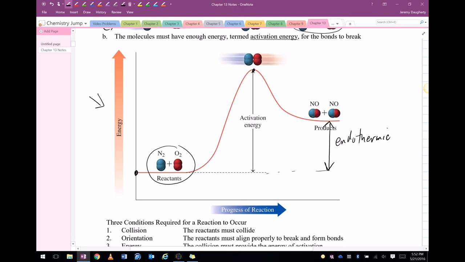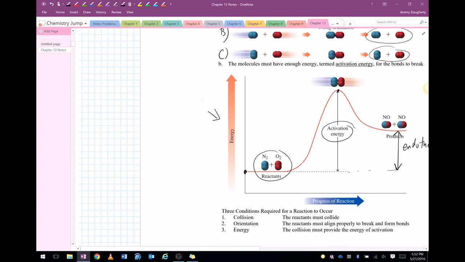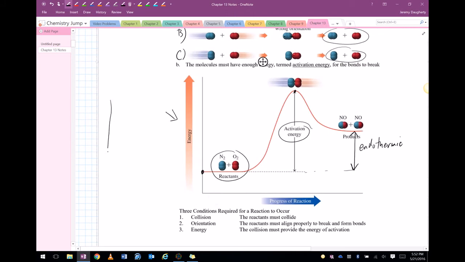Okay. Let's look at what an exothermic reaction would look like, paying particular attention to the activation energy. So let's draw one over here. We've got energy on the y-axis, and then this is the reaction progress. All right. So again, our reactants are going to start with a certain amount of energy.